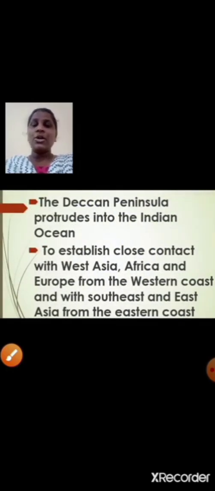To establish close contact with West Asia, Africa and Europe from the western coast and with Southeast and East Asia from the eastern coast. As the Deccan Peninsula protrudes into the Indian Ocean, students, it is very easy to establish close contact with West Asia, Africa and Europe from the western coast of our country and with Southeast and East Asia from the eastern coast.